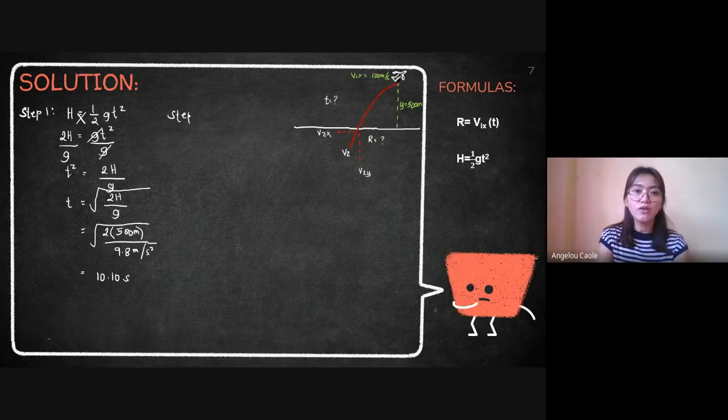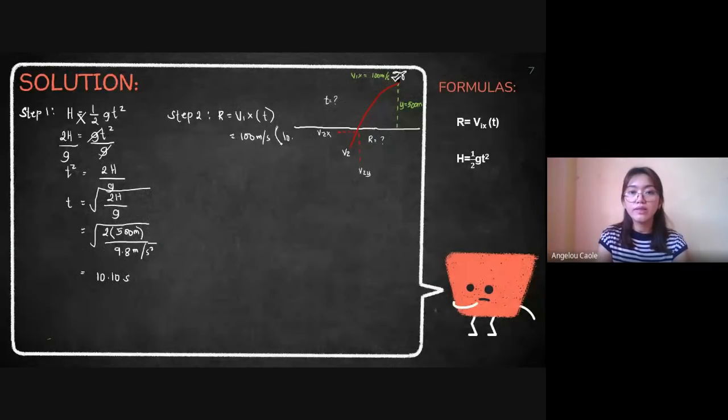For our step 2, we have R is equal to Vix times time. Your Vix is 100 meters per second, and the value of time is 10.10 seconds.